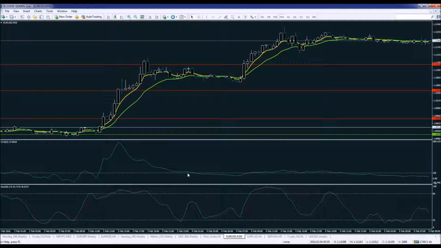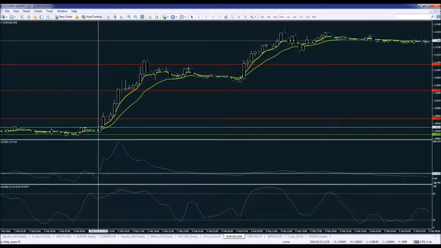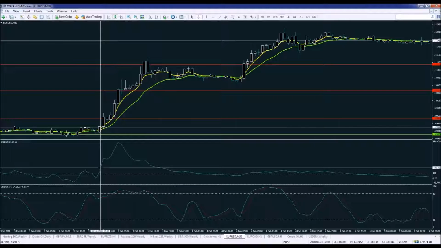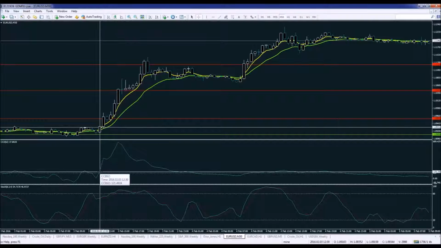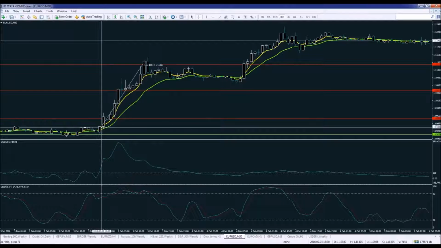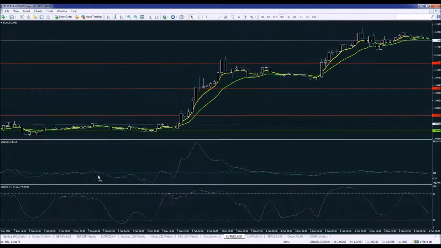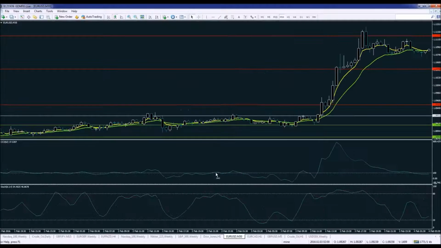For example, the crossover of the commodity channel index to the upside right here comes in line with the bullish movement of the market, and this brings about 200 pips of profit. However, another signal you're getting here, but this is only one case, ladies and gentlemen, so don't get me wrong by expecting that every time the market will give you the same trading conditions.